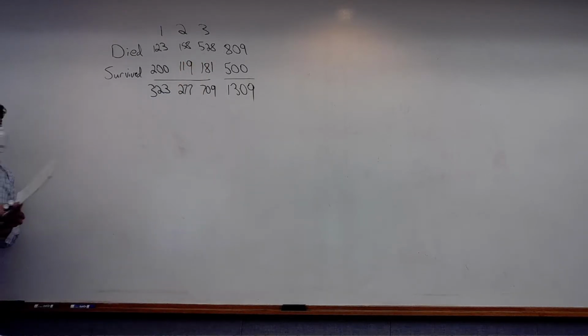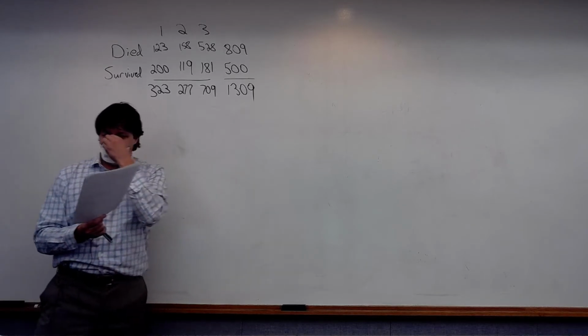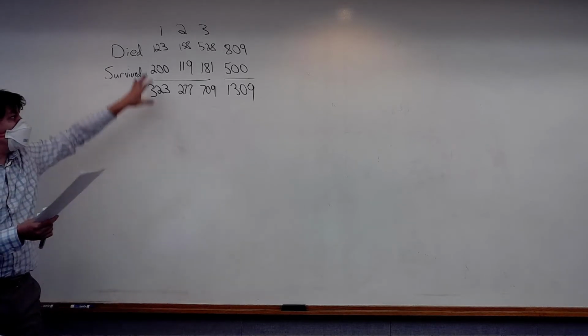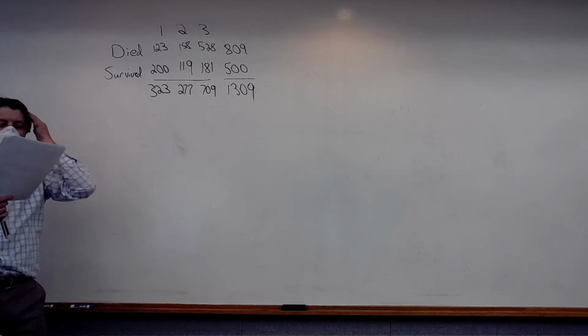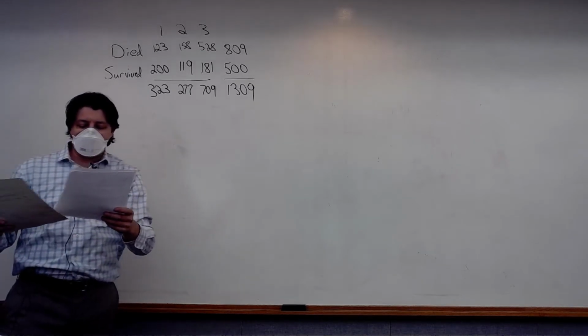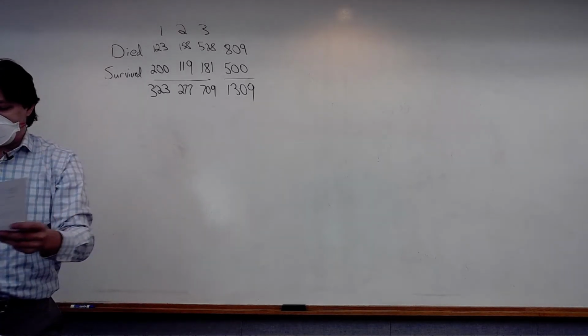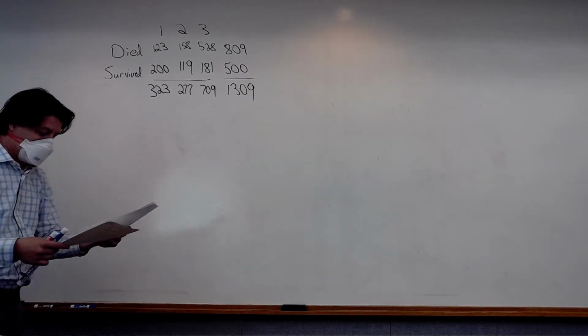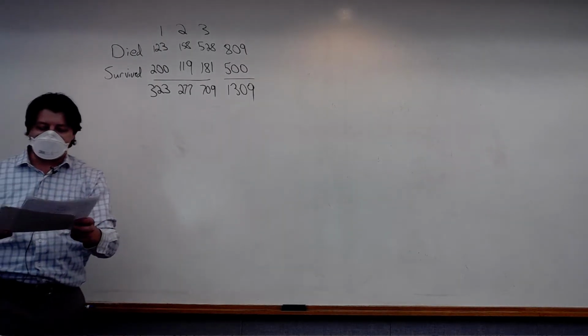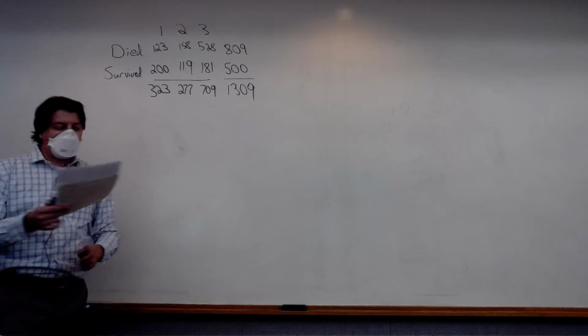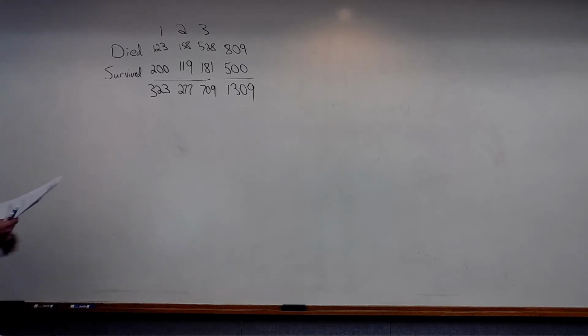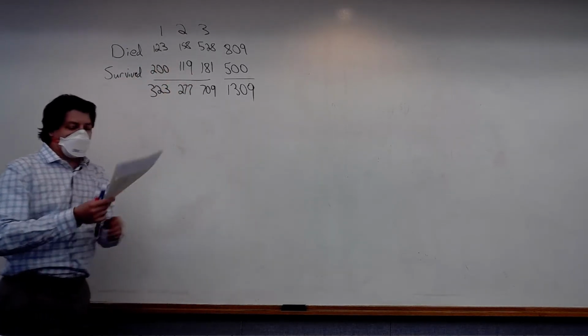So we have a lot of information packed into this one chart, and we can answer a lot of questions directly from it. In fact, I'm forcing you to do that in some of your assignments because it is a good way to wrap our heads around what we mean by various probabilities.